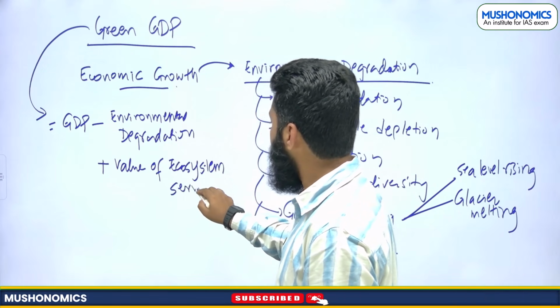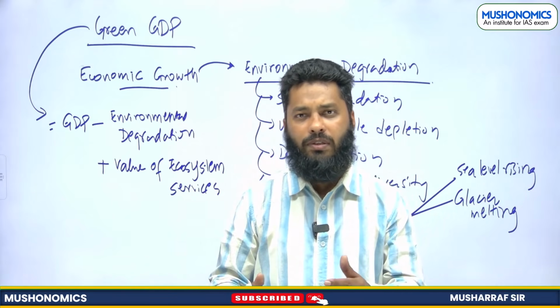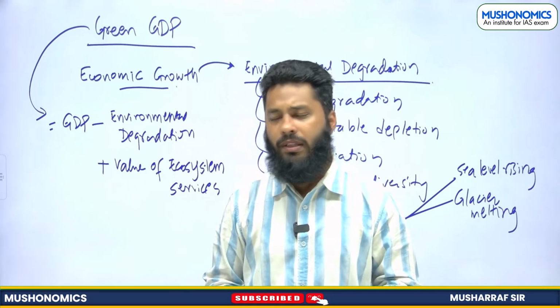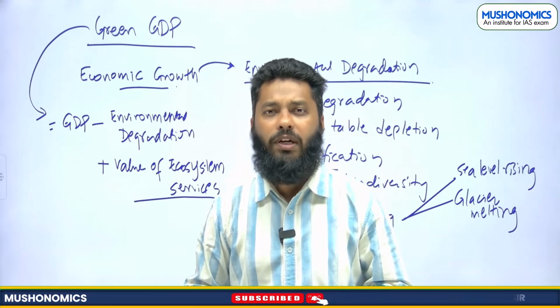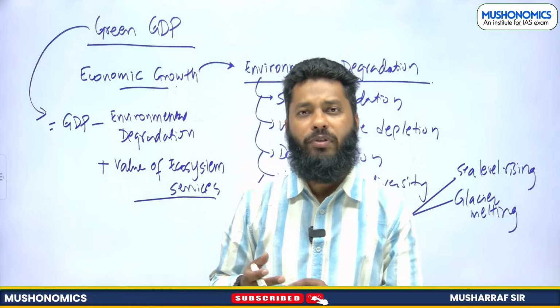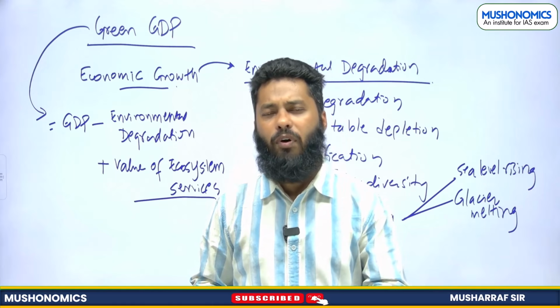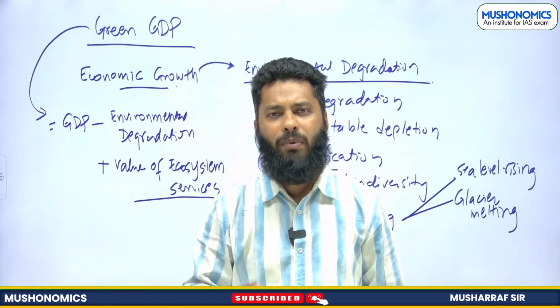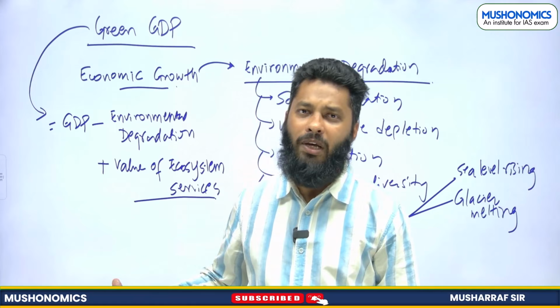For example, ecosystems, these plants, forests, etc., are giving a lot of services to us. For example, provisioning services: they are provisioning water to us, and food in the form of fruits and other eatables. So we have some foods available from the ecosystem.